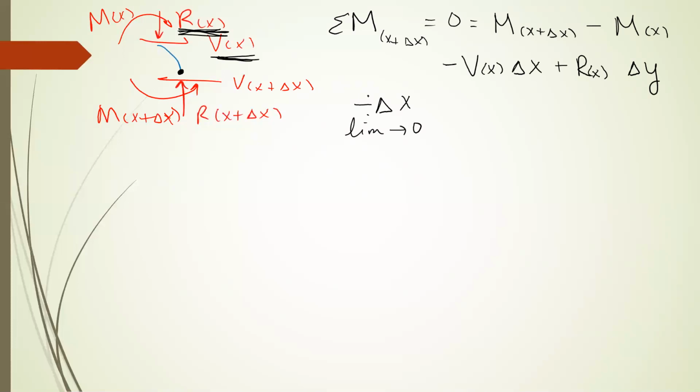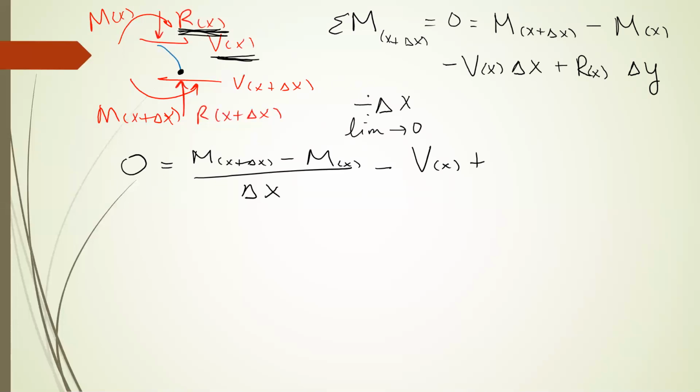We have 0 equals M of x plus delta x minus M of x over delta x, minus V of x. The delta x cancels or reduces to 1, plus, now here instead of R of x, I want to plug in P, right?